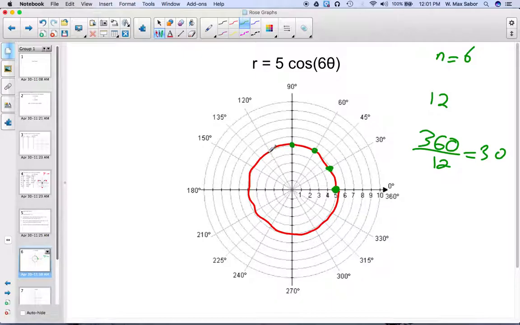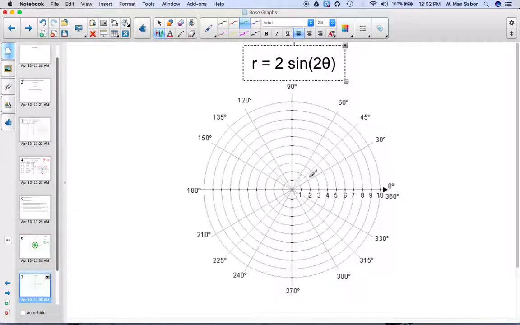Great. So now we inscribe a single petal for each of these. There are going to be 12 curves. There we go. That's our rose curve.